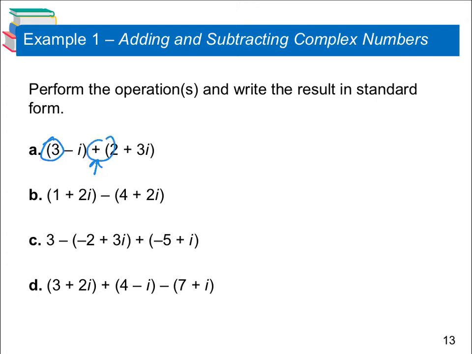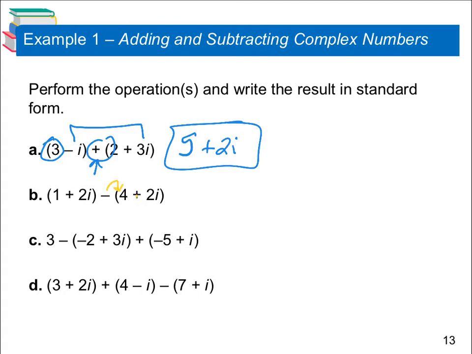What is 3 plus 2? 5. And what's a negative i plus 3i? 2i. That's it. And the second one, if I'm subtracting, what do I have to do with this negative sign before I can combine like terms? Distribute it.